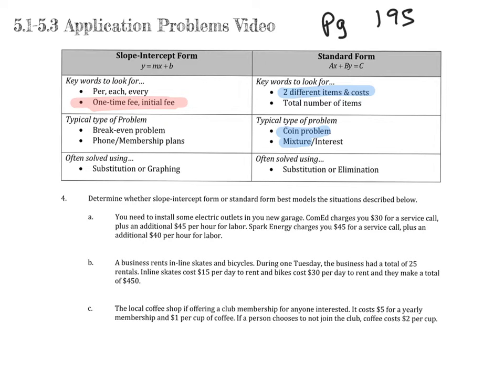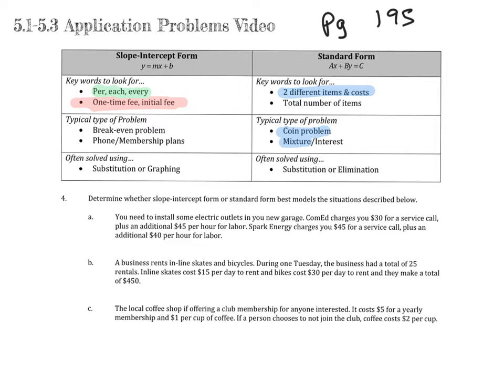If you look at problem 4 right below this table here, it says determine whether slope-intercept or standard form best models the situations described below. So let's see if we can see anything where there's an initial fee and a rate, which would be like the slope, or maybe we see a couple different items or a total number of items type situation. So for A, need to install some electric outlets. ComEd charges you $30 for a service call and $45 per hour for labor.